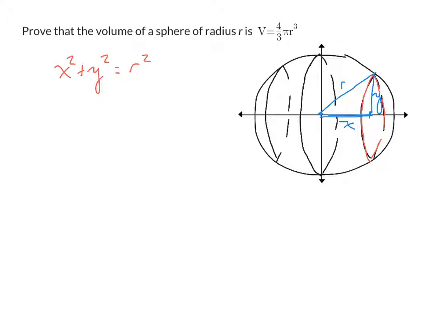So we want to find the area of this circle, and the area is pi times your radius, which is y, squared. And so what is the value of y squared? Well, up here, if I just move the x squared over, y squared is the same thing as r squared minus x squared. And so I can substitute that in for y squared.